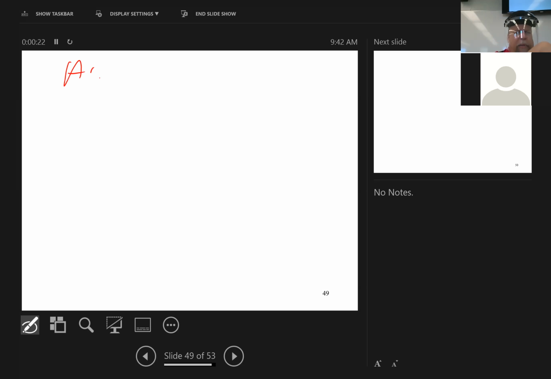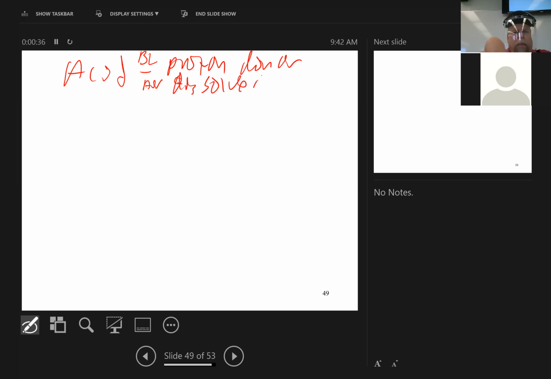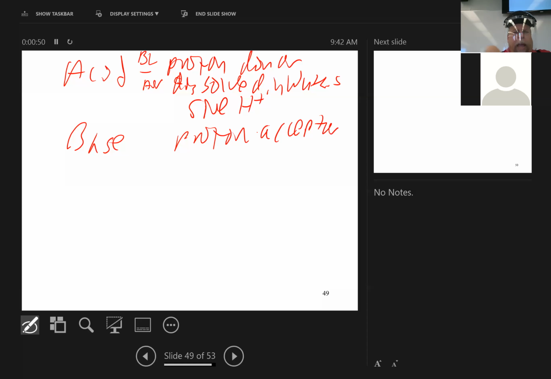An acid is essentially a proton donor under the Bronsted-Lowry definition, or under the Arrhenius one, when dissolved in water it gives a hydrogen ion. A base is defined as a proton acceptor, and when dissolved in water it gives hydroxide ion.